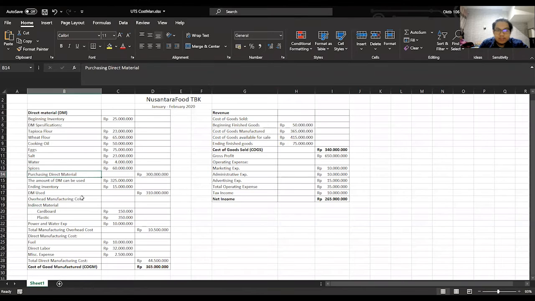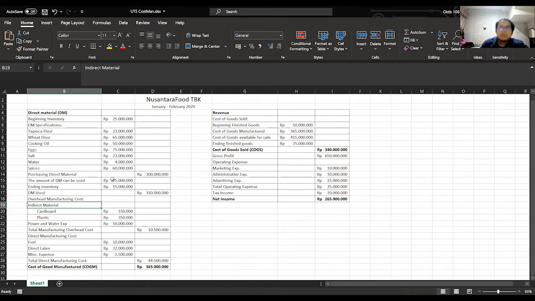So guys, let's move to the next. We have overhead manufacturing costs. This is the specification: indirect material, power and water expense, and that's all. What does indirect material mean? It means that this material is not directly related to the production. It's just packaging for our product.